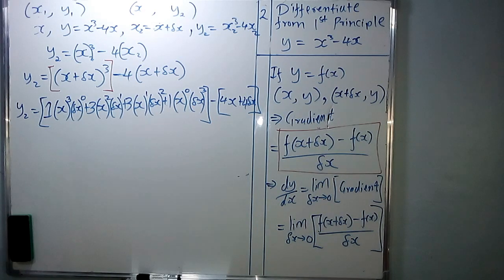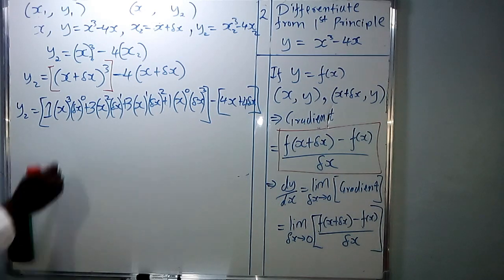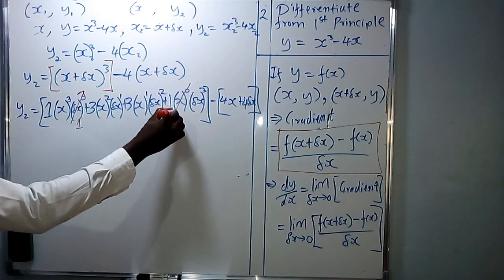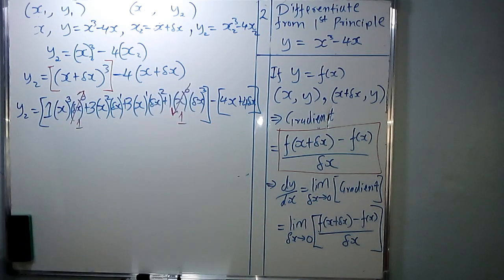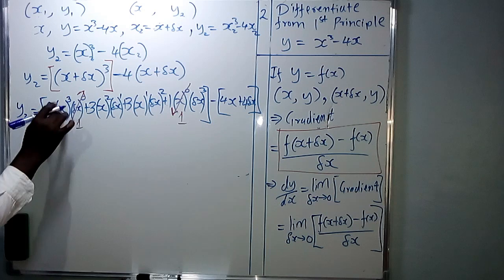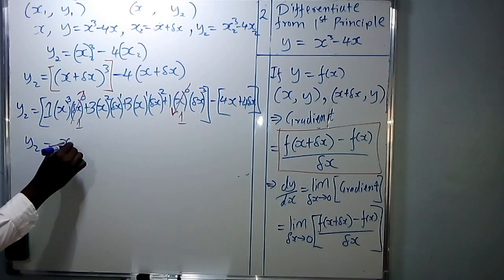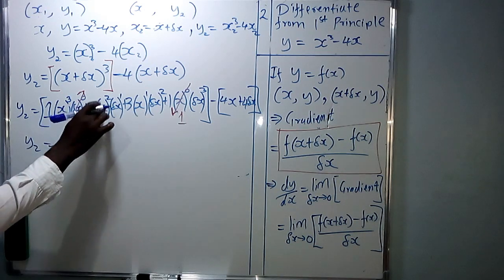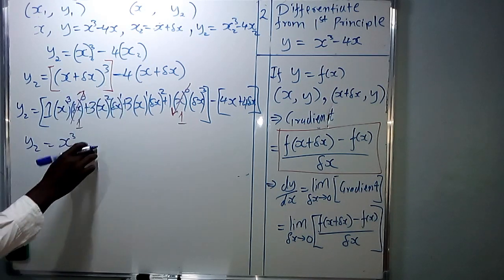So here, anything raised to the power 0 is 1. So it means the whole of this is 1 and this one is also 1. So we can simplify the remaining things, isn't it? So x raised to the power 3 is x cubed. x cubed times 1 is x cubed. Then you move here, x is raised to power 2, change in x is raised to power 1.